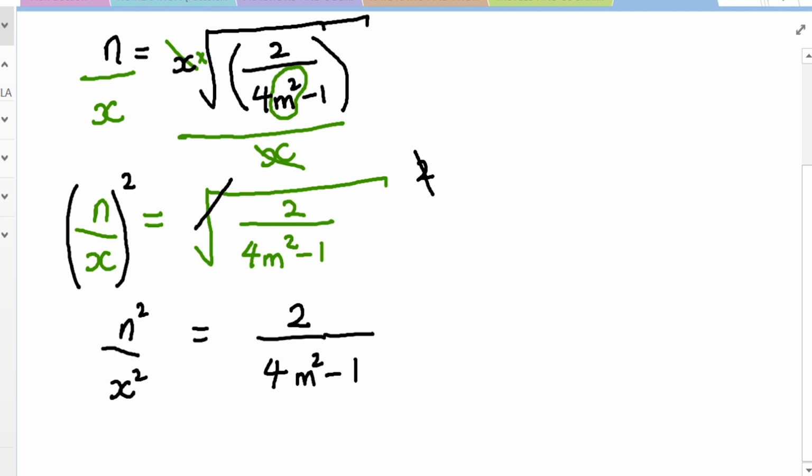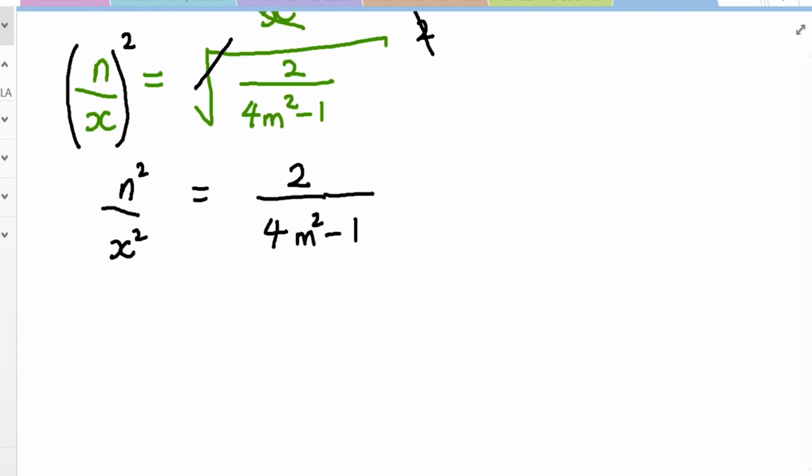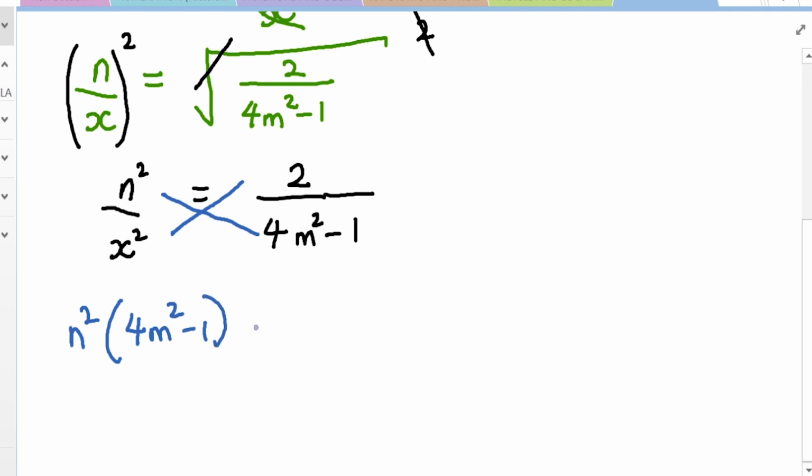So let's make this a flat equation by cross multiplying. So n squared into 4m squared minus 1 is going to be equal to 2 multiplied by x squared.